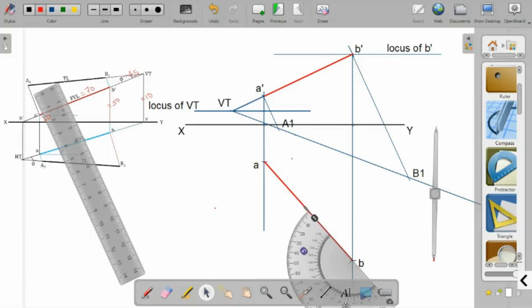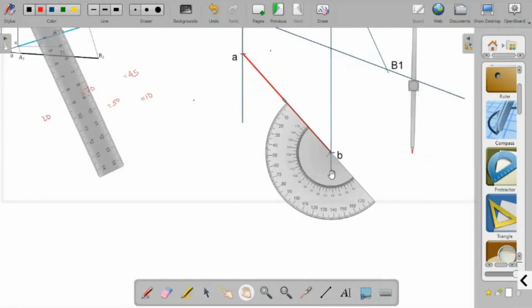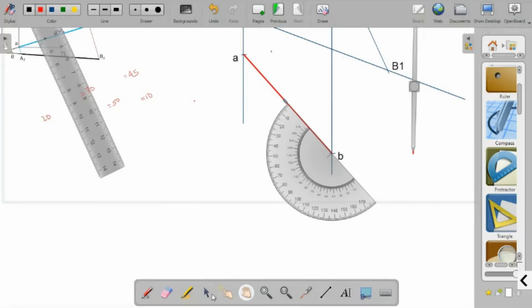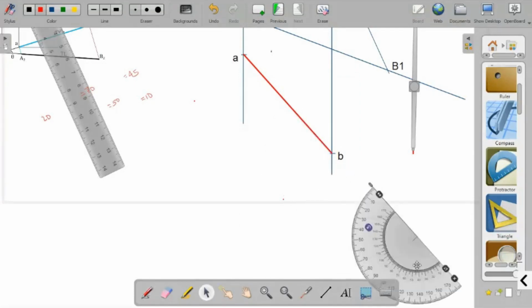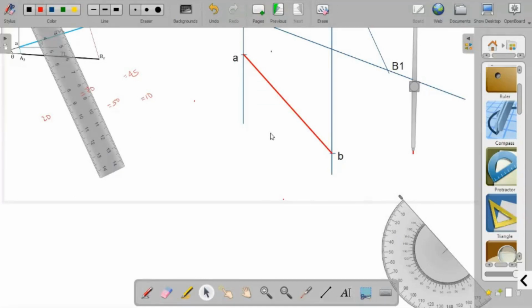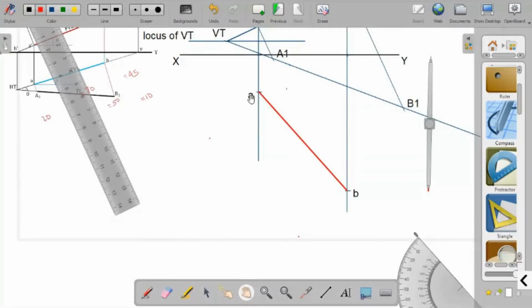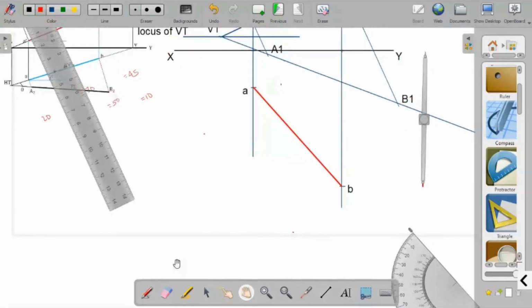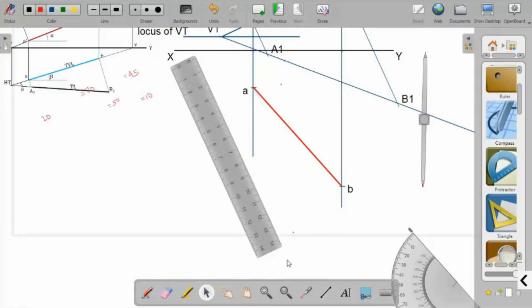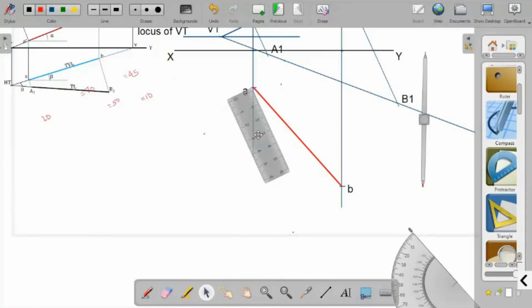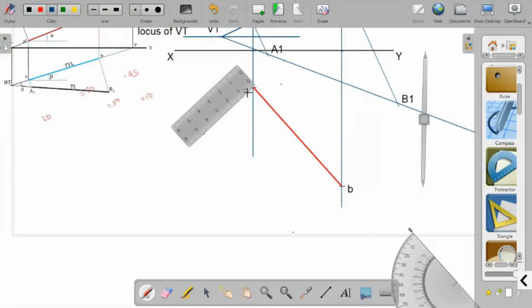Okay, it's moving downward. This distance is to be 20.